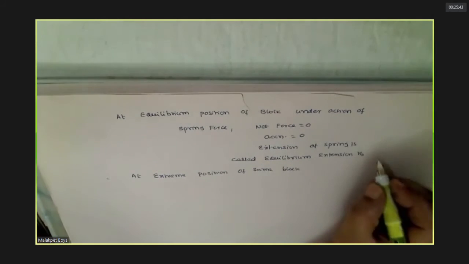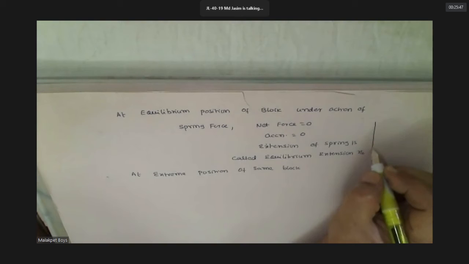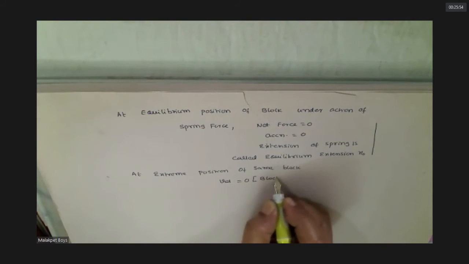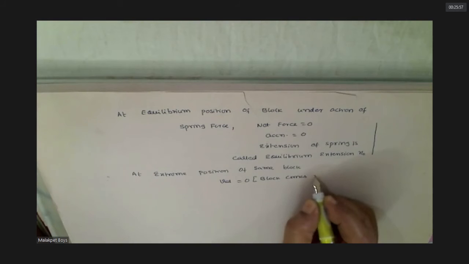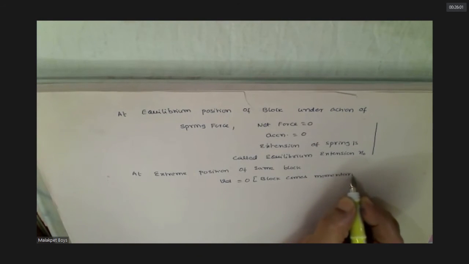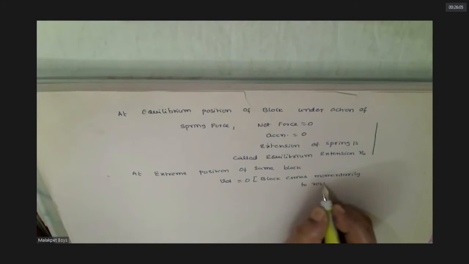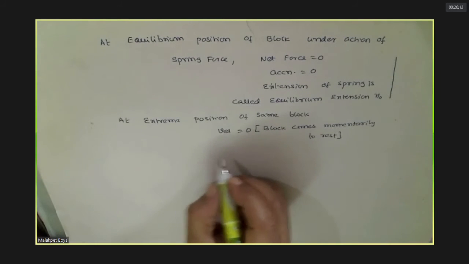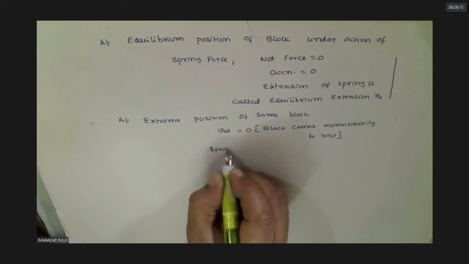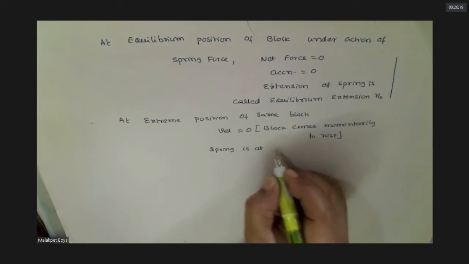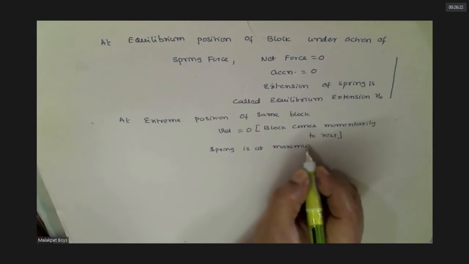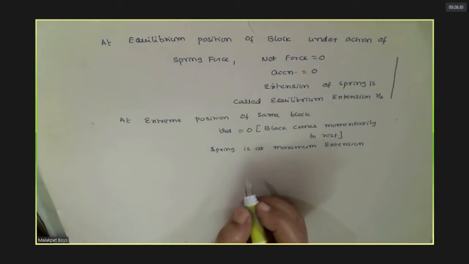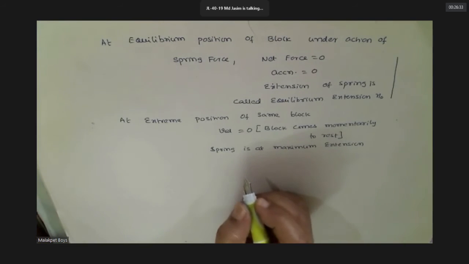What is zero? Velocity equal to zero at the extreme position. Bring this to maximum extension and the minimum.